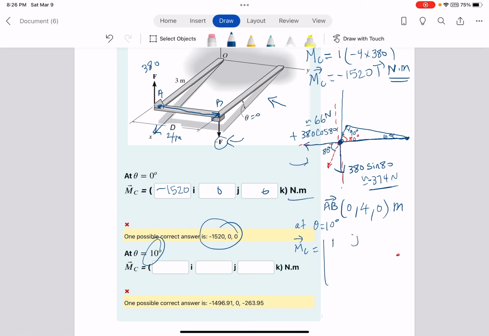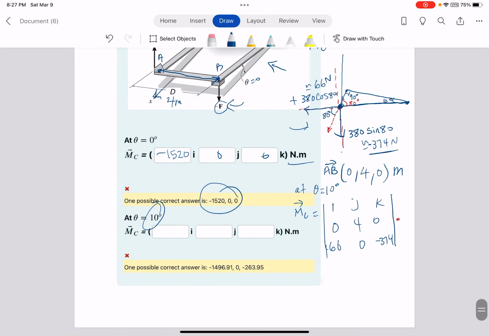I, J, K: 0, 4, 0, and the forces, one positive 66 and one negative 374.